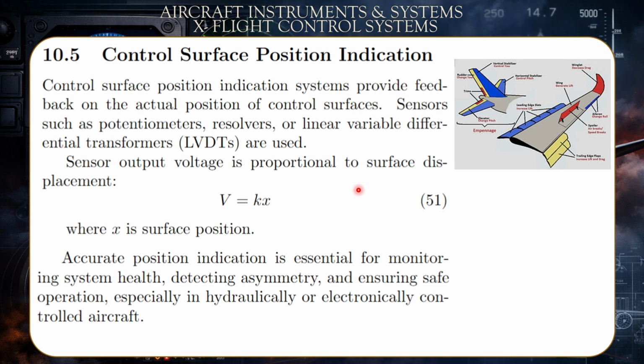Sensor output voltage is proportional to surface displacement, which is V equal K multiplied by X, where X is the surface position.